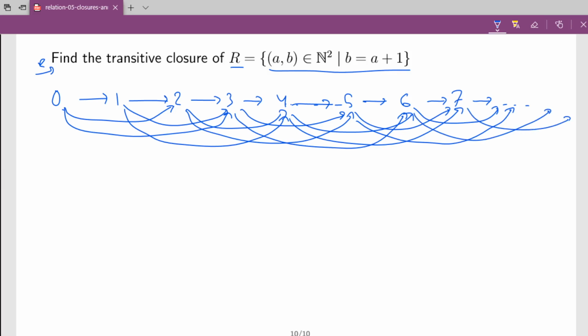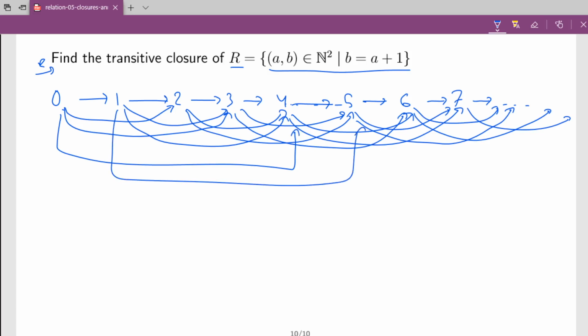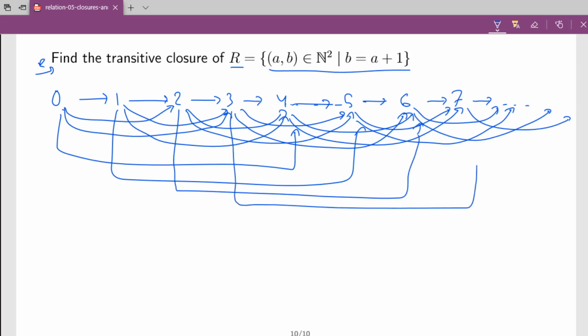Now, similarly, because you have a relation from 0 to 3, then you must have 0 to 4, 1 to 5, 2 to 6, 3 to 7, and so on, right?